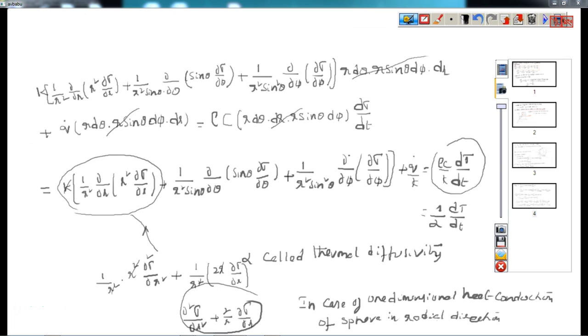In the absence of heat generation this is equal to 0, and in steady state this is equal to 0, therefore this is equal to 0. This is called the one dimensional heat conduction equation of a sphere in radial direction. So I'll stop it here.